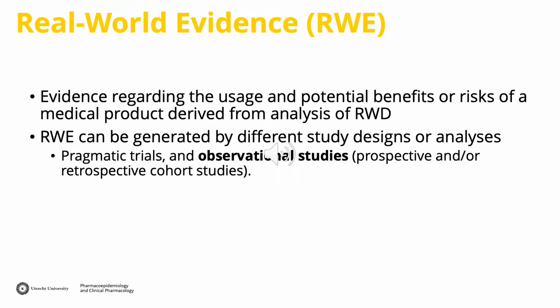You can generate real-world evidence from pragmatic trials, but we're not going to get into that in this particular lecture. We're focusing on real-world evidence that's generated from observational studies, which can be either from prospective or retrospective cohort studies, which I'll get into next.